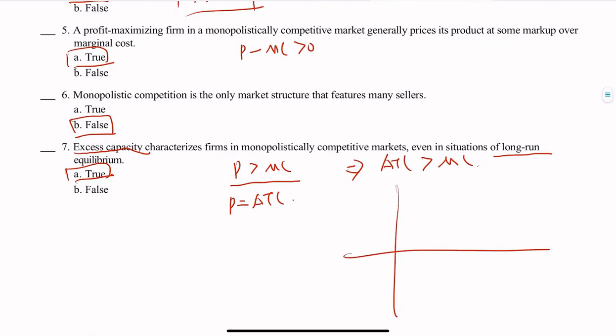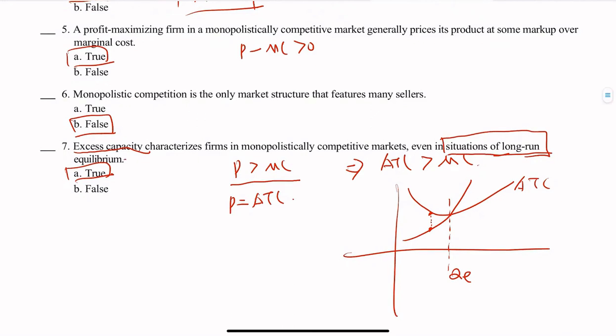And if we look at this from the curve, it means you have to produce at the left side of this efficient scale, because that's when you can have ATC larger than marginal cost. So in the end, this is related to long run equilibrium, and this statement here is correct.